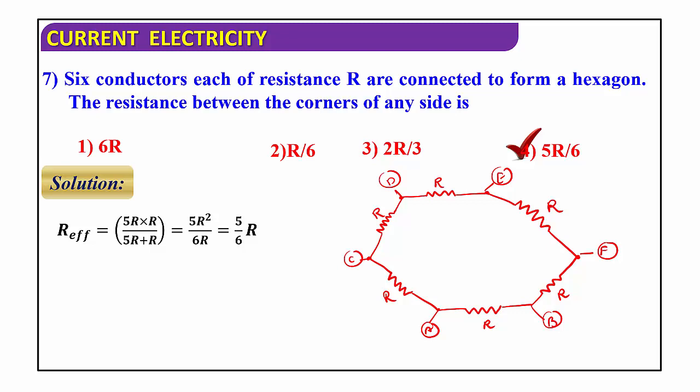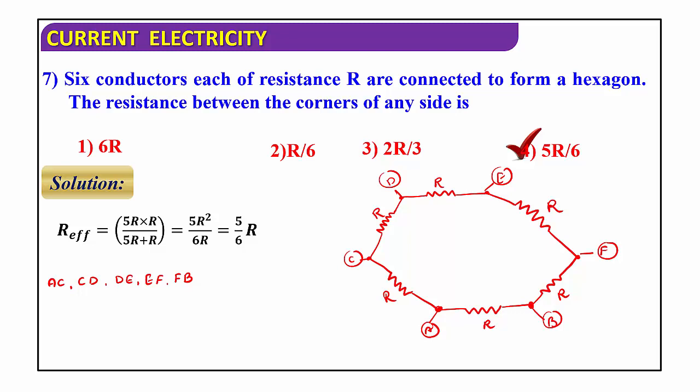6 resistors are connected in the form of a hexagon. So now I have shown that situation in the diagram: C to D, D to E, E to F, F to B. So the corners are A and B here. Is it clear? AC, CD, DE, EF, FB.